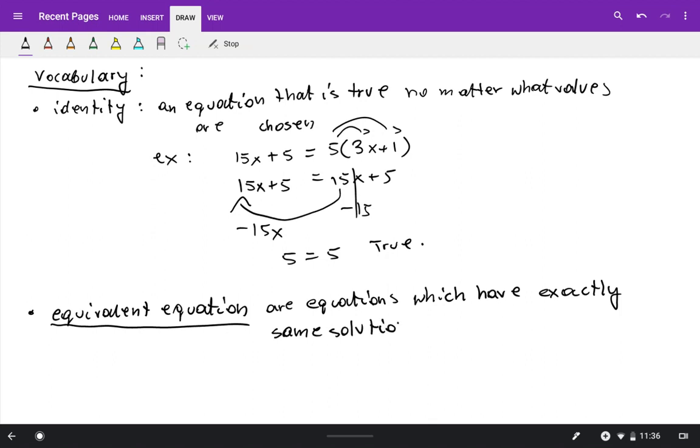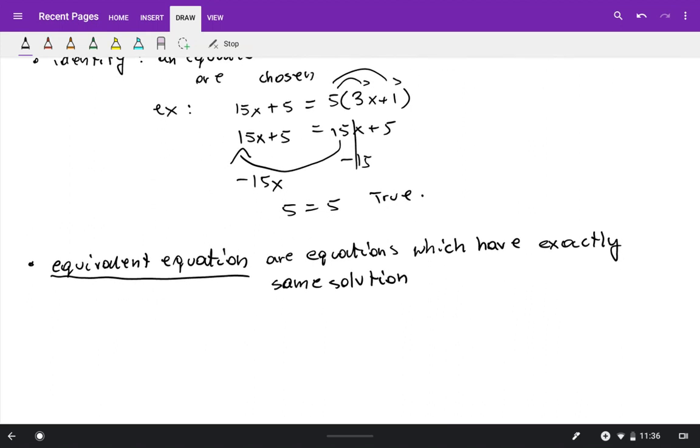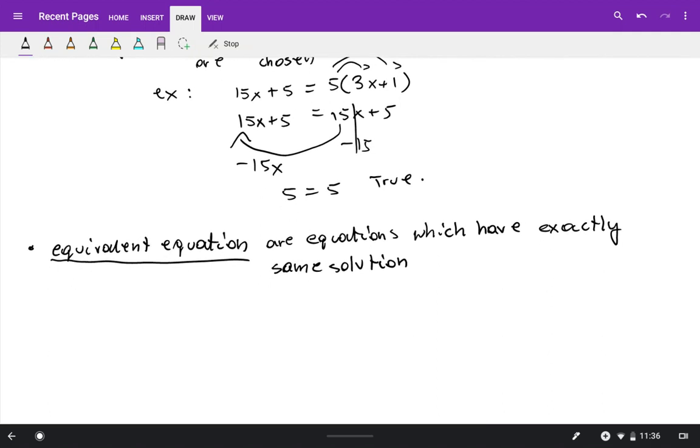Sometimes students miss those two definitions, identity and equivalent equations. Equivalent equations don't have to look the same. Okay, so let me show you an example.